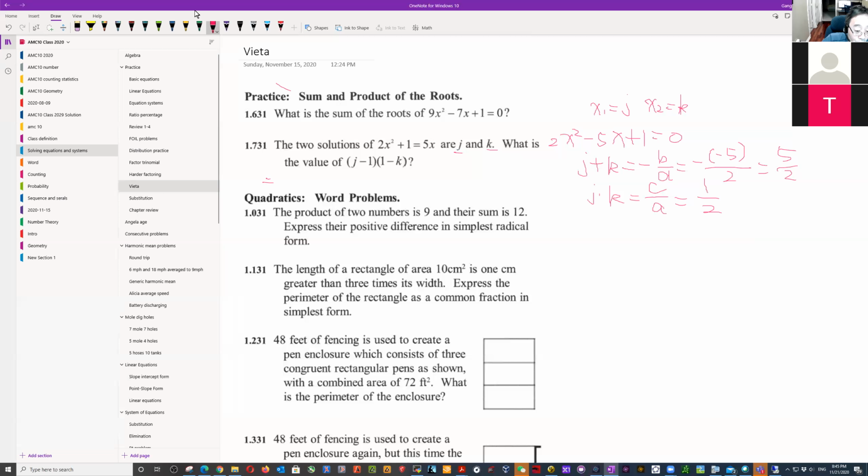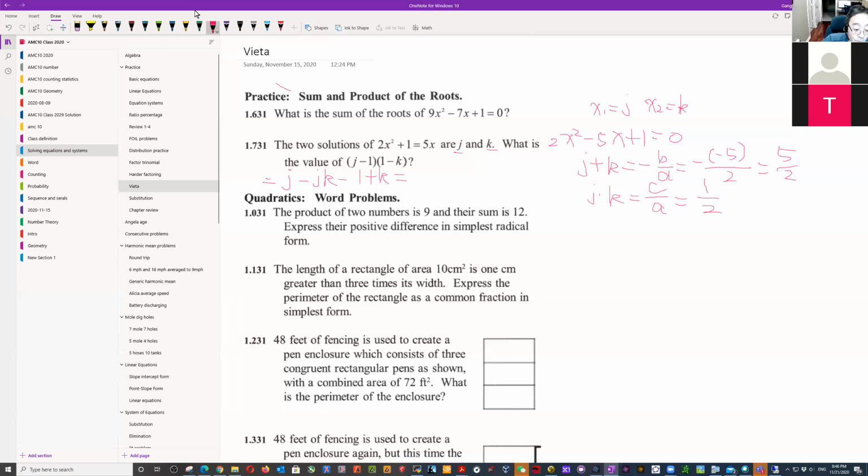So this is equal to, we FOIL it. First, we get negative jk. The inner is going to be minus 1. And the last is going to be minus times minus, positive, so plus k.